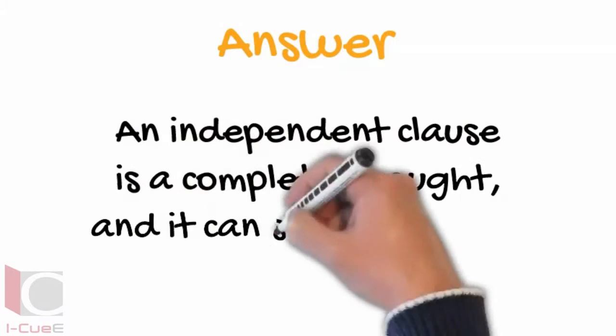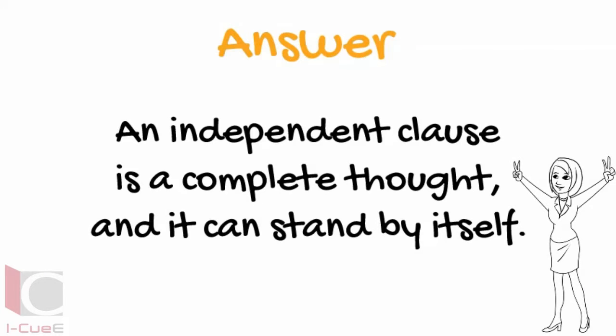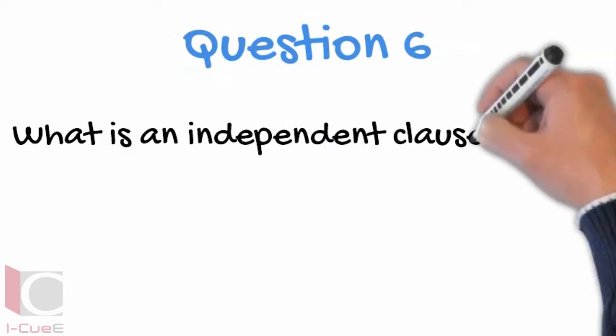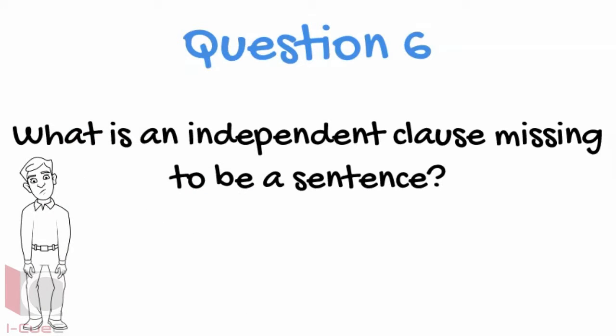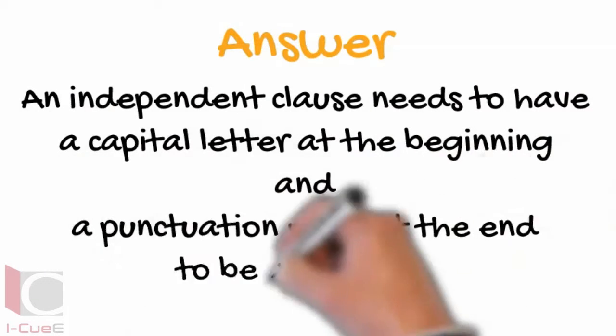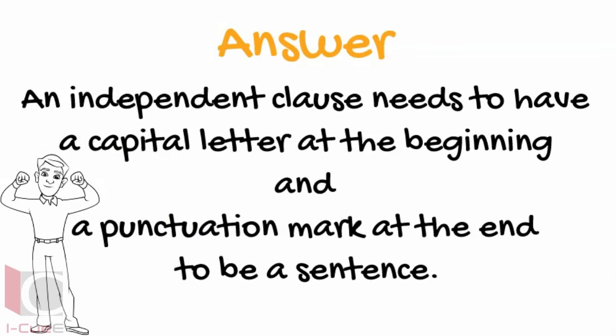An independent clause is a complete thought, and it can stand by itself. What is an independent clause missing to be a sentence? An independent clause needs to have a capital letter at the beginning and a punctuation mark at the end to be a sentence.